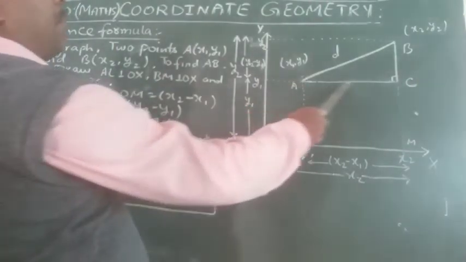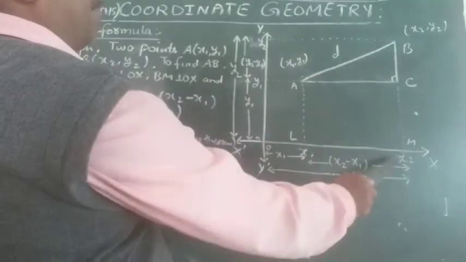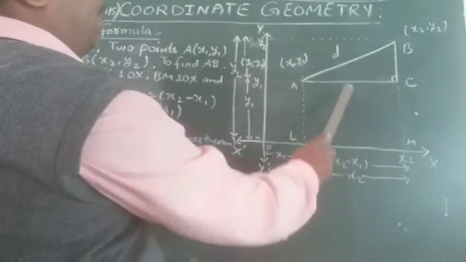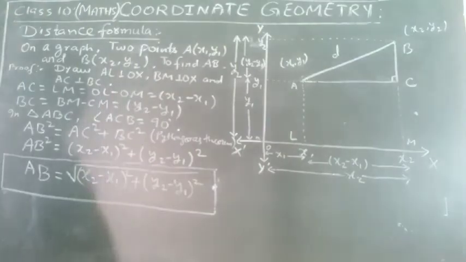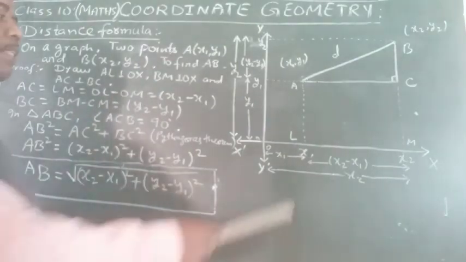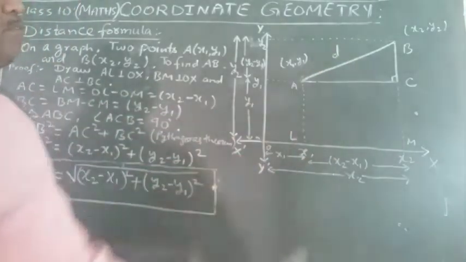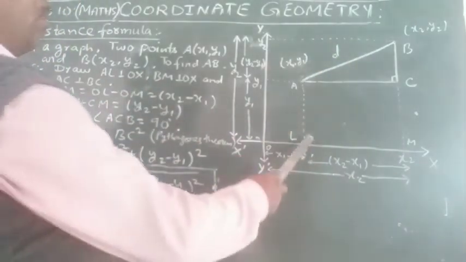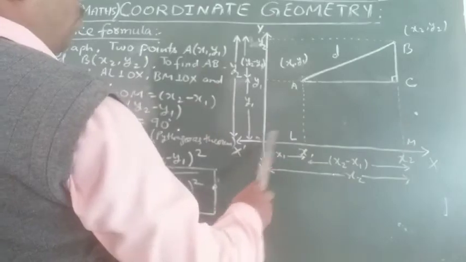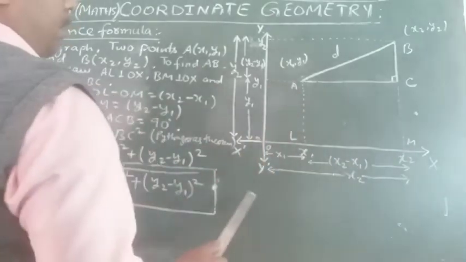Now, what is the length of AC? It is the same as the length of LM, because it is a rectangle and opposite sides are equal in length. If we calculate the length of LM, we can use it for AC. LM is OM minus OL.